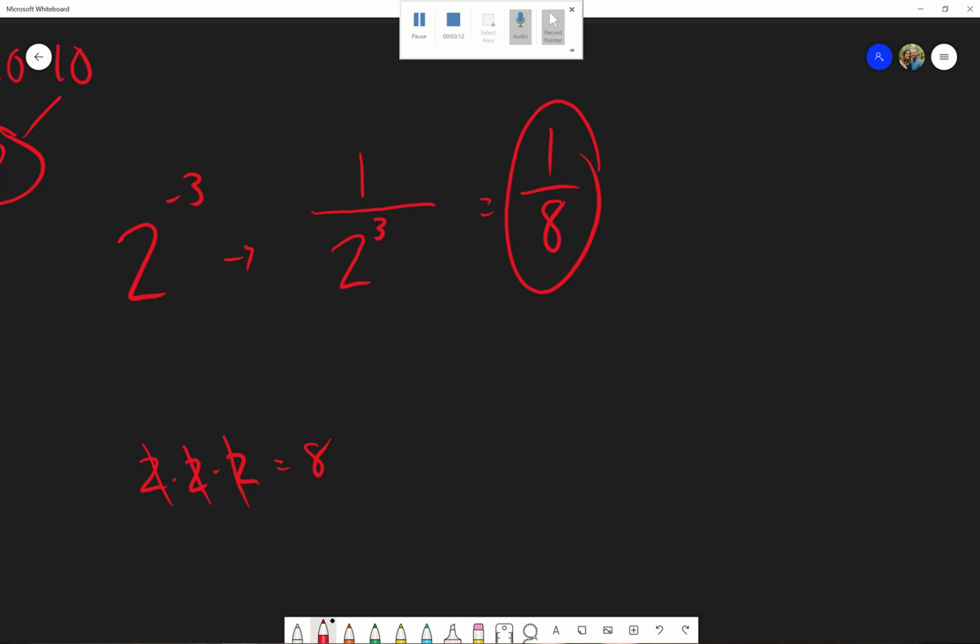Okay, so the way we would write this out, if we want to put a formula for this kind of problem into our notes, we would say, all right, if we have, let's go with a nice blue color, b to the power of negative n, right? Remember, with variables, I don't actually care what they are.